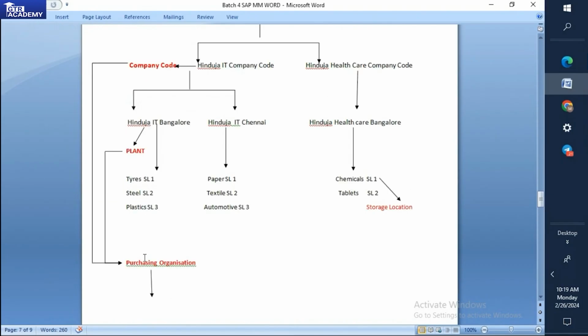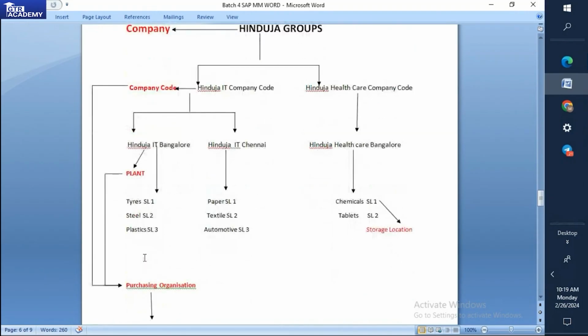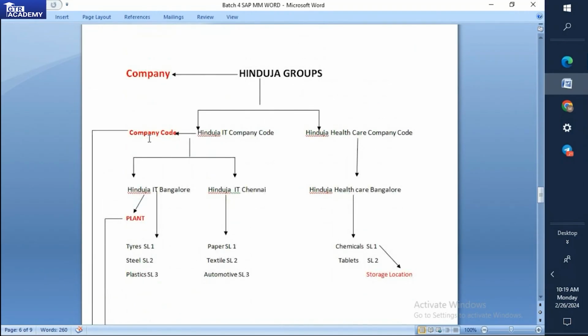And one more thing, in an interview they may ask how many plants can be under a company code, or whether a plant or storage location can be linked to multiple company codes. They may ask cross questions, but this is the flow chart. Under one company code there can be n number of plants, but for one plant there won't be n number of company codes.